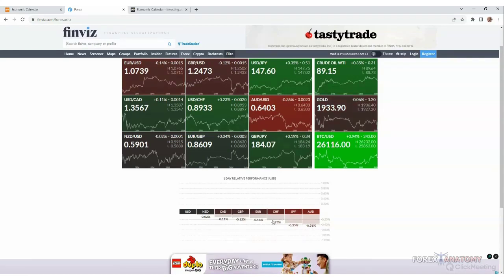So these three currencies are the weakest, and the three strongest currencies right now are the US dollar, which is still fairly neutral, but it's the stronger among the other G8 or major currencies, followed by the Kiwi, the New Zealand dollar, and then the Canadian dollar or the loonie. These are the stronger currencies for today.